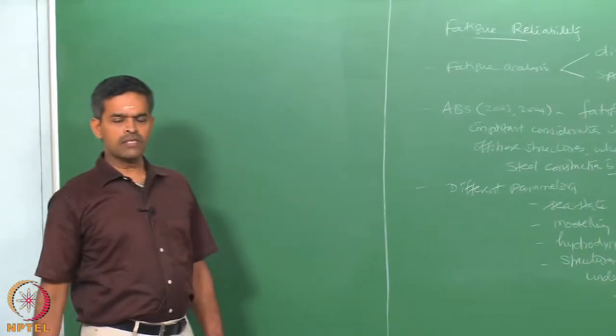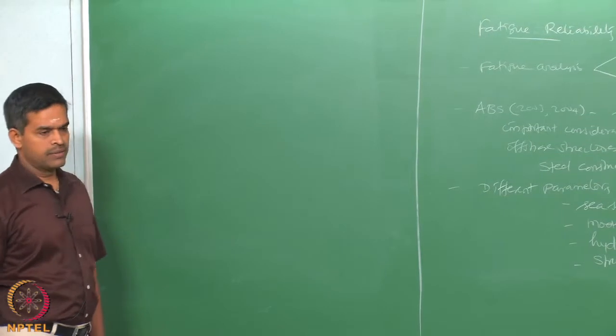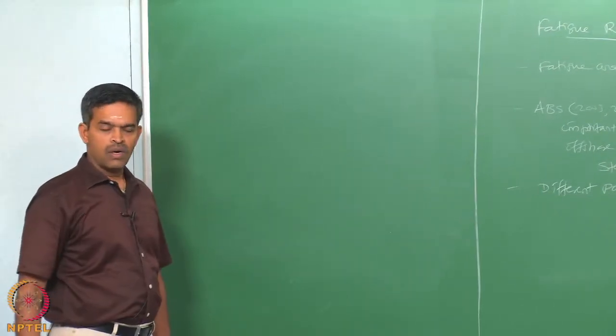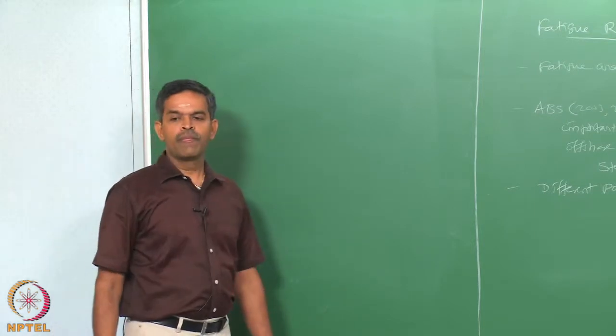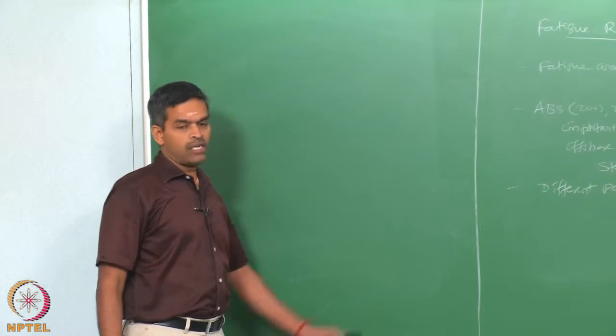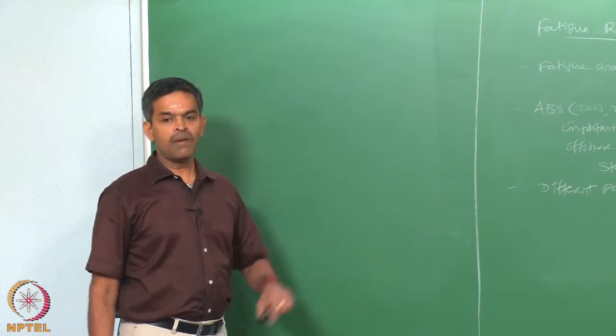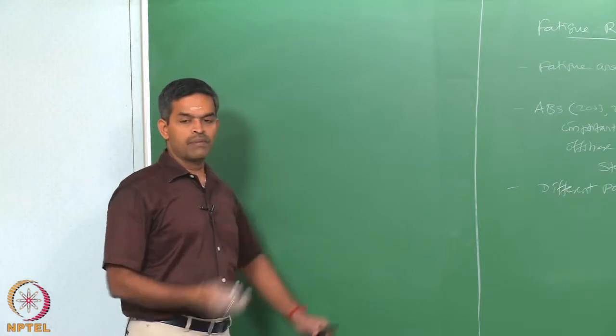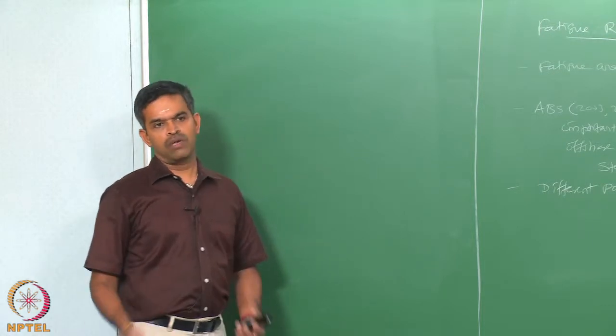Now, one is interested to know what is the fatigue damage caused by the set of loads on the given system and what would be the probability of failure if the fatigue load exceeds the number of cycles of sustainability of this kind of reversal of loads by the material or by the joint configuration.